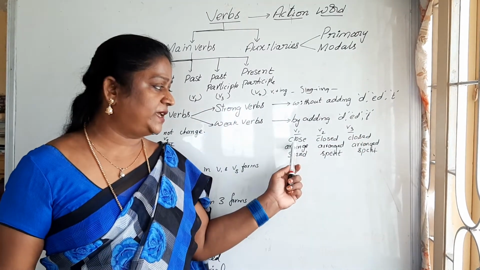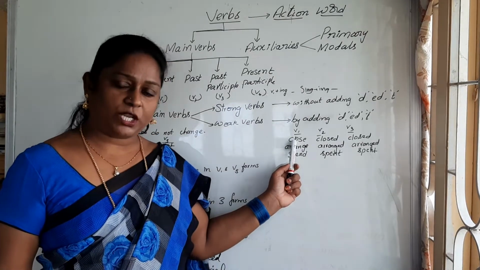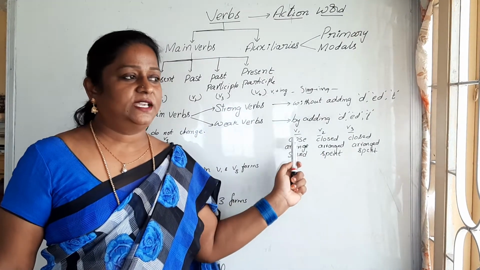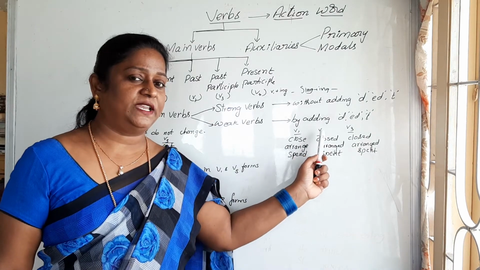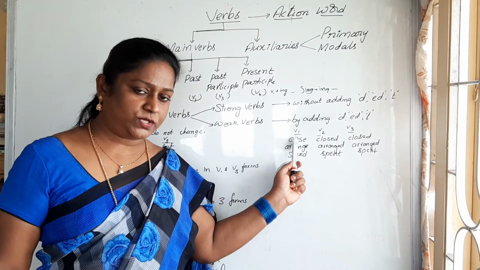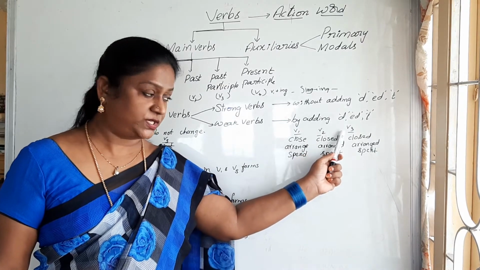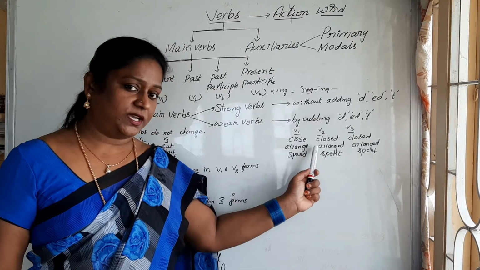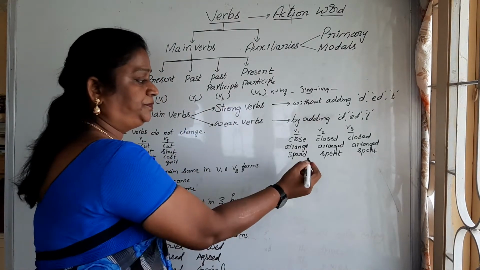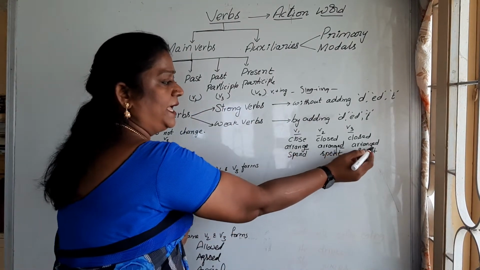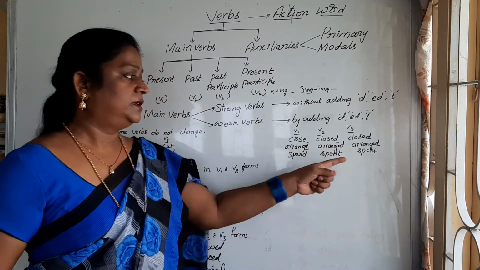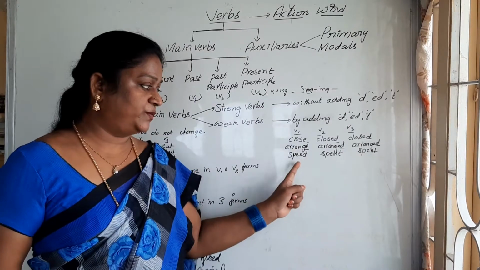For example, you can see here. Suppose the word close is here. To form V2 and V3 forms, it takes the support of letter D. Close, closed, closed. And arrange, arranged, arranged. Here, this word took the help of ED and formed V2 and V3 forms.